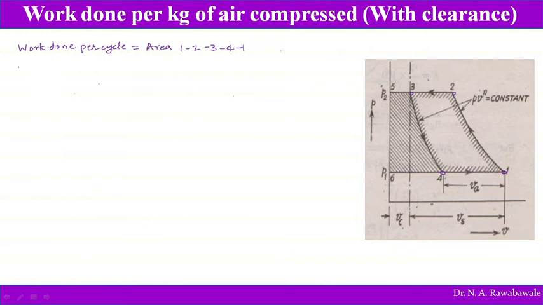So this work done, W, is equal to work of compression minus work of expansion. Work done during compression we consider as positive, so WC, work done during compression, minus the work done during expansion. These two have opposite signs. Now WC, the work done during compression, is given by area 1 2 5 6 1.